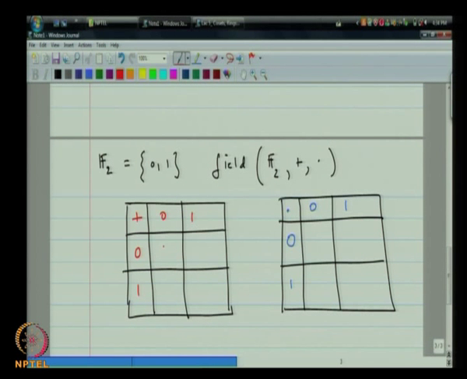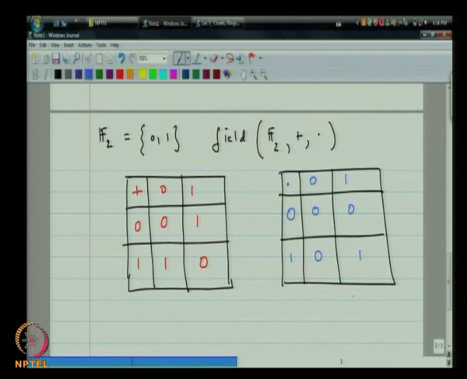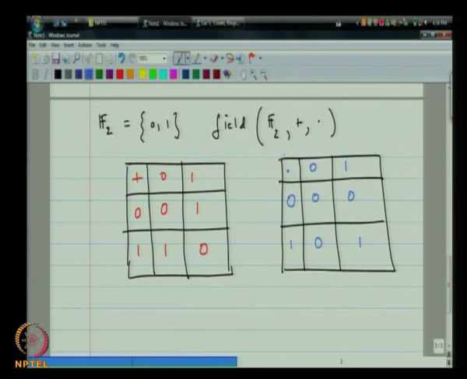When you add you get 0, you get a 1 and a 0. This is because you are doing modulo 2 addition, and here there are no surprises, this is 0 0 0 and 1.